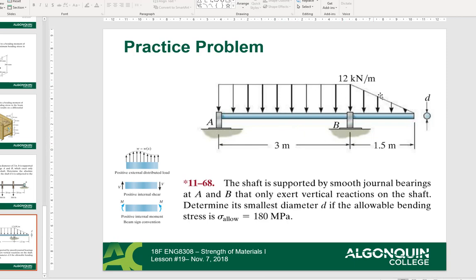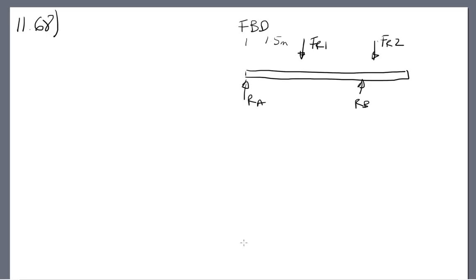And then this triangular load over here is going to act 1/3 from this journal bearing B, or 2/3 of 1.5, or 1 meter from the end. So let's draw that. So this here is going to be 1 meter from the end.